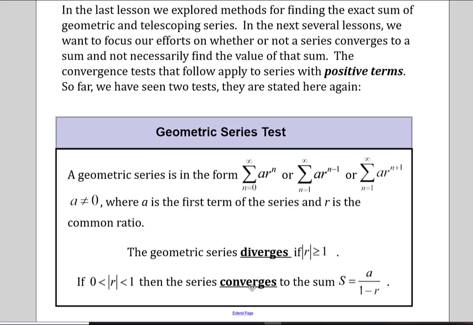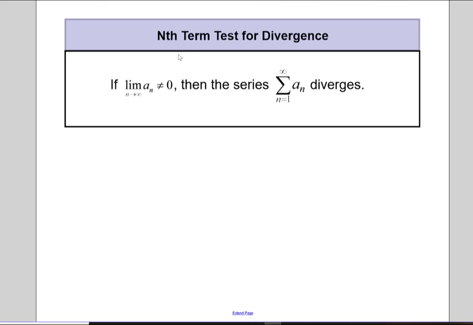And the series converges if the ratio is somewhere between 0 and 1. And we could find that sum using this formula. The divergence test basically said that if the limit as n approaches infinity of the terms of a series was not equal to 0, then the series diverged.